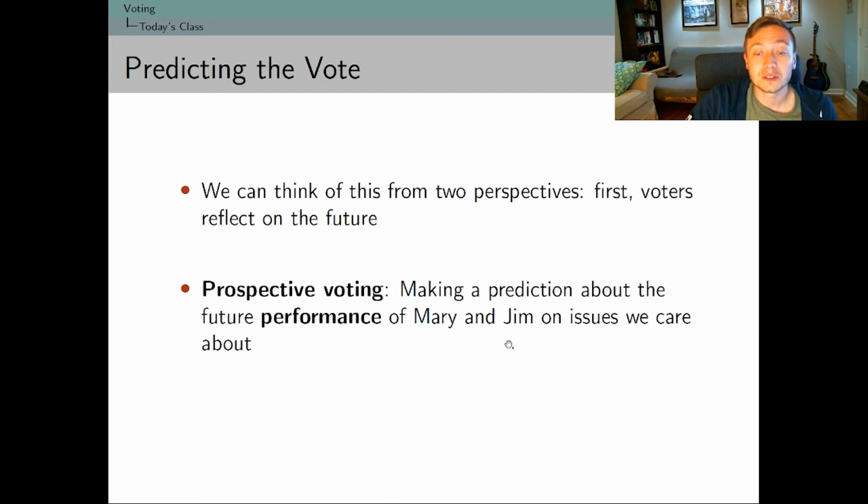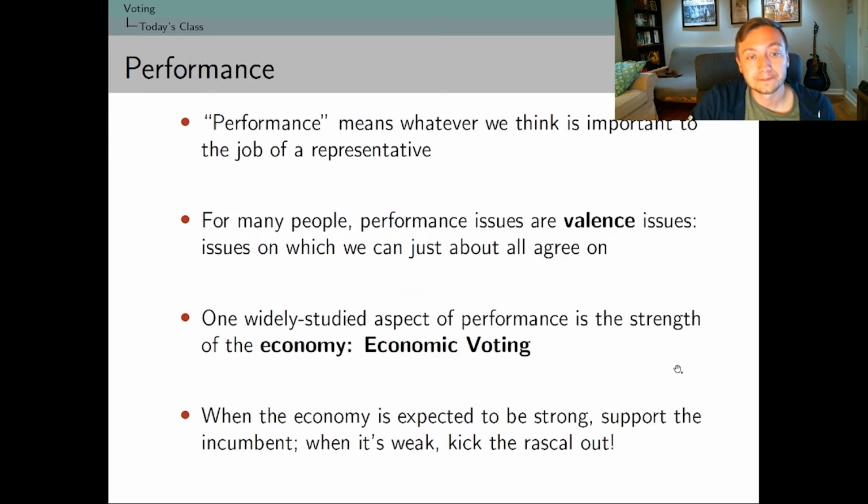So this means we know something about both candidates, and we can cast into the future some ideas about what it would be like if Mary won this election, what it would be like if Jim won this election. Then we can make a judgment about our future utility on the basis of that prospective choice.